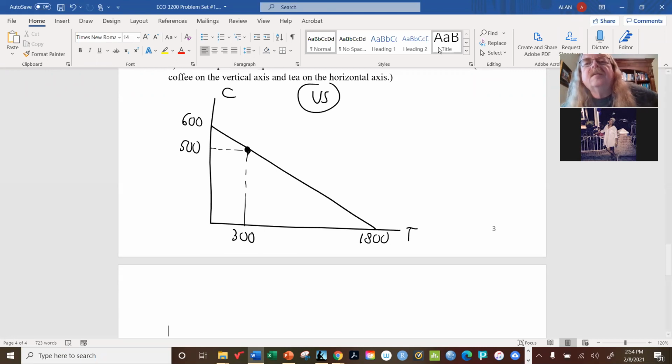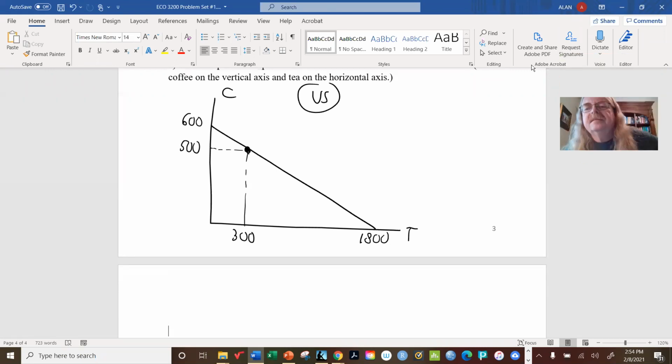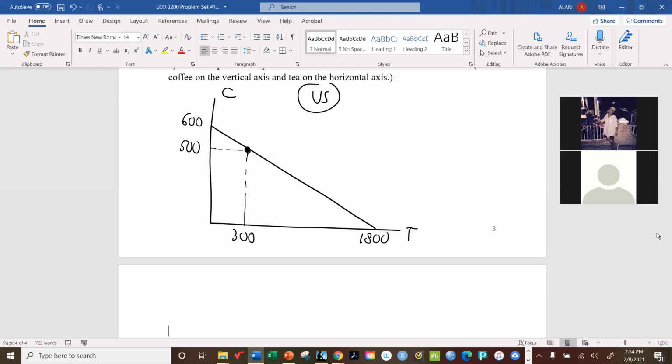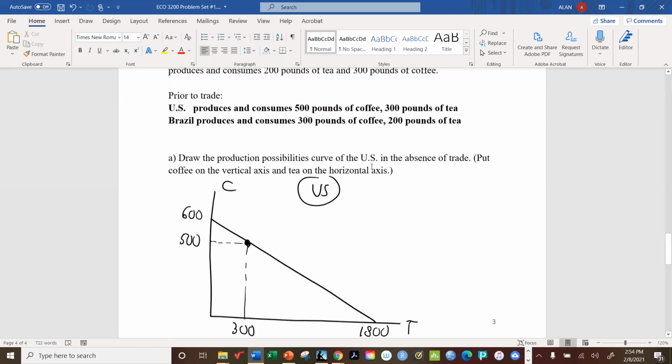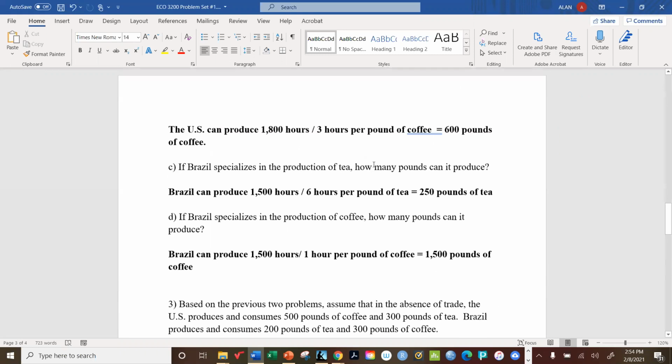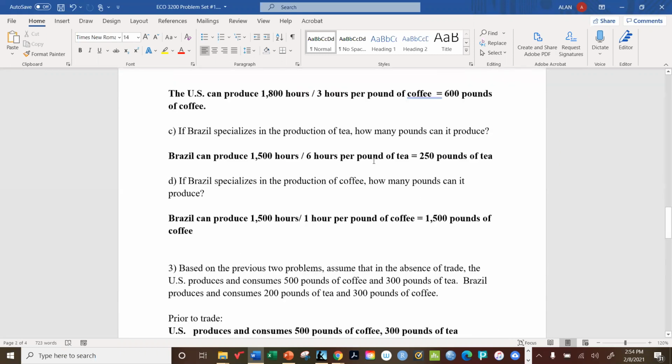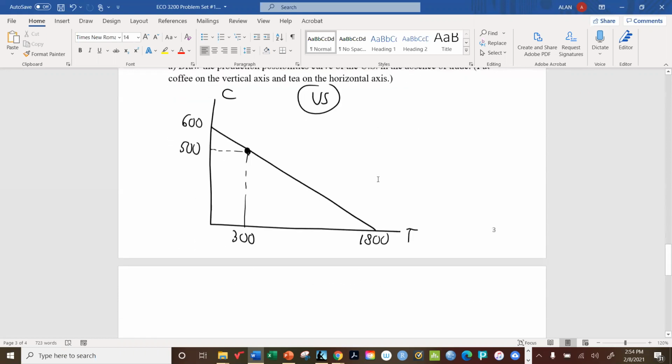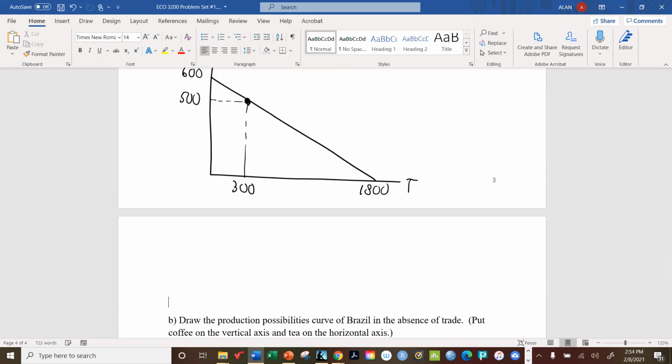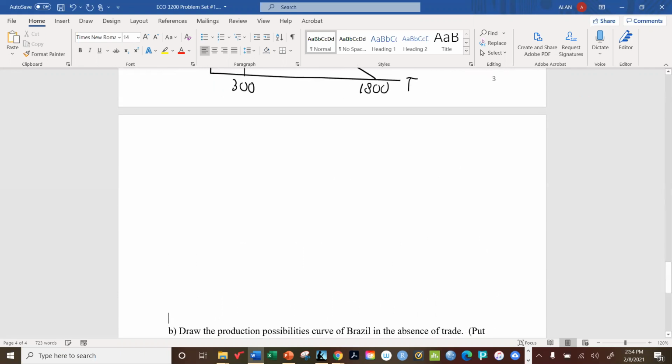Now, in part B with Brazil, we're going to do the exact same thing. But keep in mind, the amount that they're capable of producing in Brazil is very different. In fact, if you look back here, you'll see that they're limited to 250 pounds of tea, although they can make 1,500 pounds of coffee. They're very efficient with the coffee. So what does their curve look like?